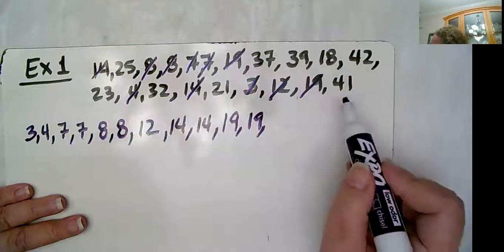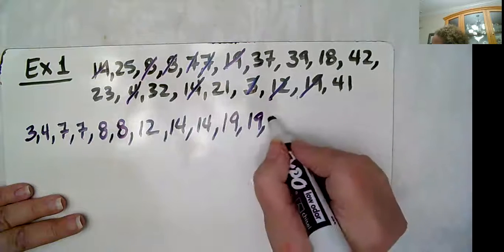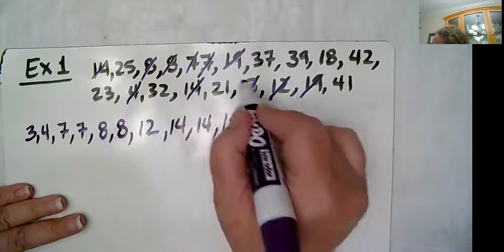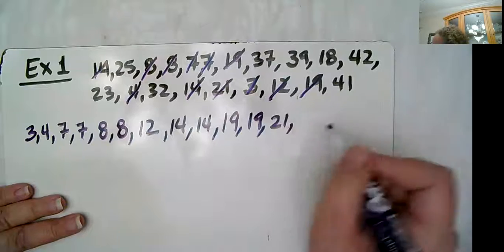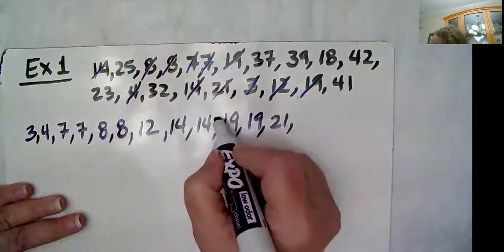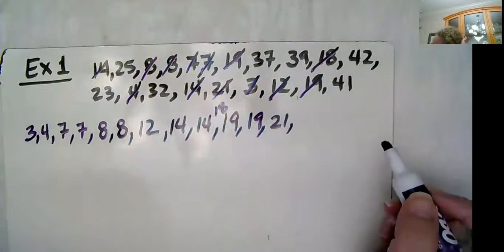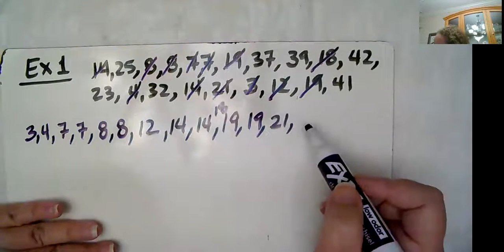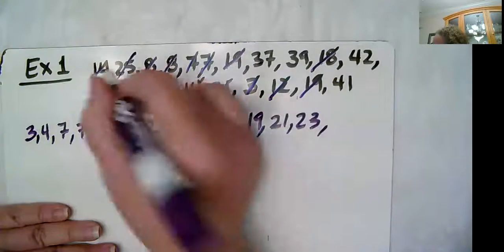Then we start hitting our 20s. So then we have 21. Cross that out. 23. Oh, we missed an 18. I missed the 18, so we're going to put an 18 right there. Cross that out. So 21, 23, 25.